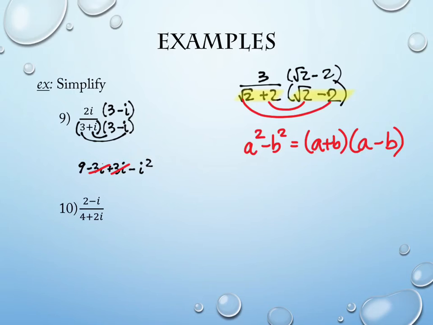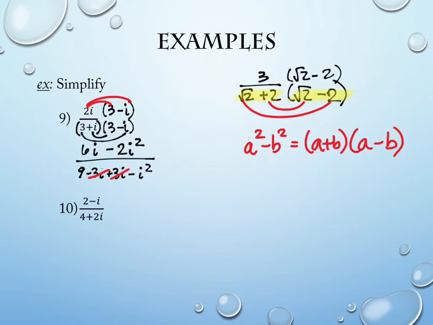Okay, so we'll finish out the denominator in a moment. Let's finish out our numerator first. In my numerator, I do still have i typically. I'll distribute through here. 2i times 3 gives me 6i. And 2i times negative i gives me negative 2i squared.